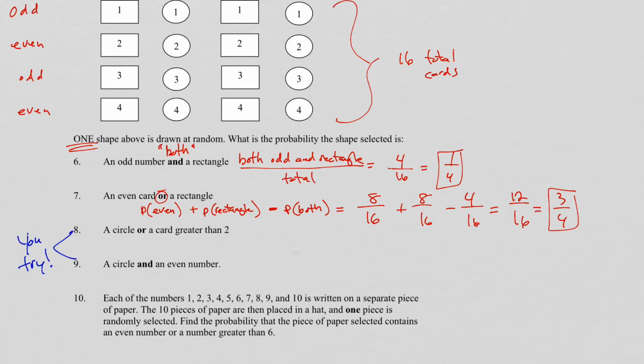But notice that I just touched these four in both cases. When I looked at the evens, I counted those twos and those fours. And when I went down on the rectangles, I counted them again. We're not supposed to be adding stuff up twice. The subtraction is there to make sure you don't double count.